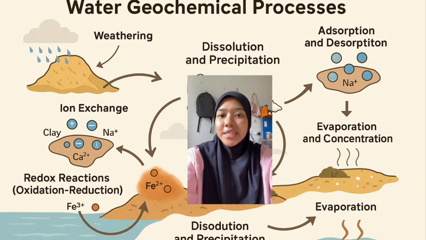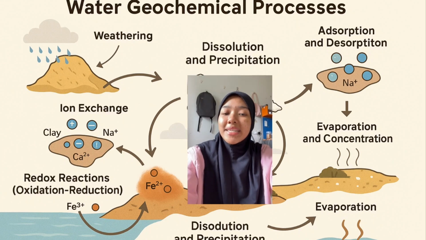They are essential for understanding how elements move through the environment, how landscapes evolve, and how we manage resources like groundwater and soil. Whether we are studying pollution, farming sustainability, designing water treatment systems, or exploring how Earth has changed over time, these processes form the foundation of water-related geochemistry.